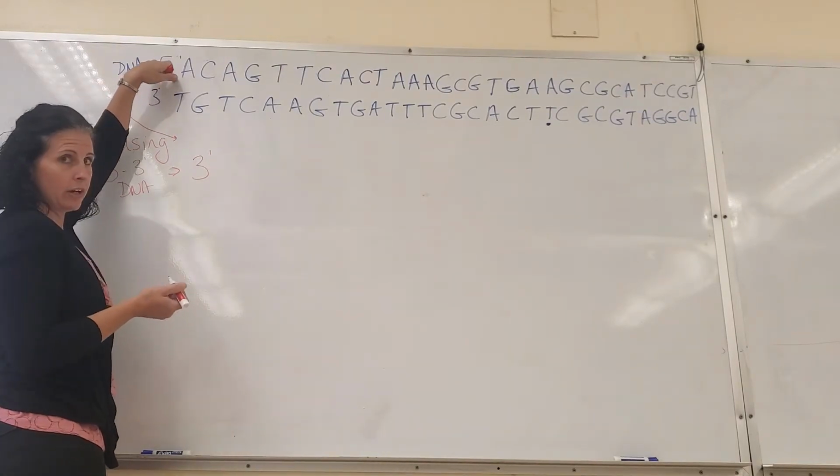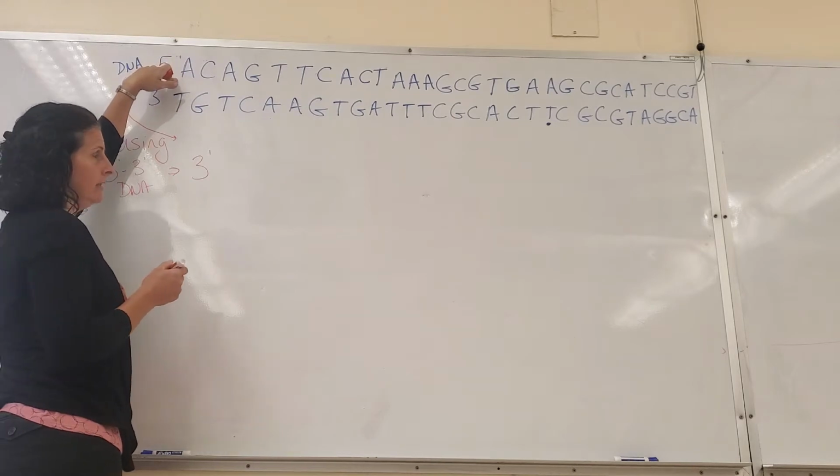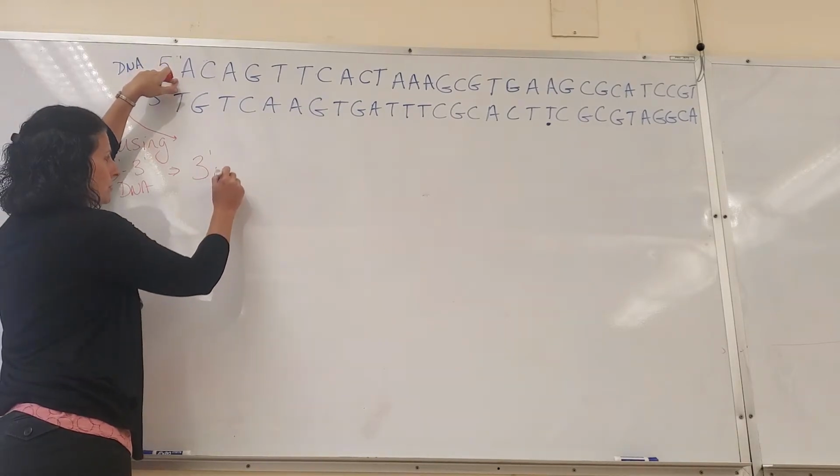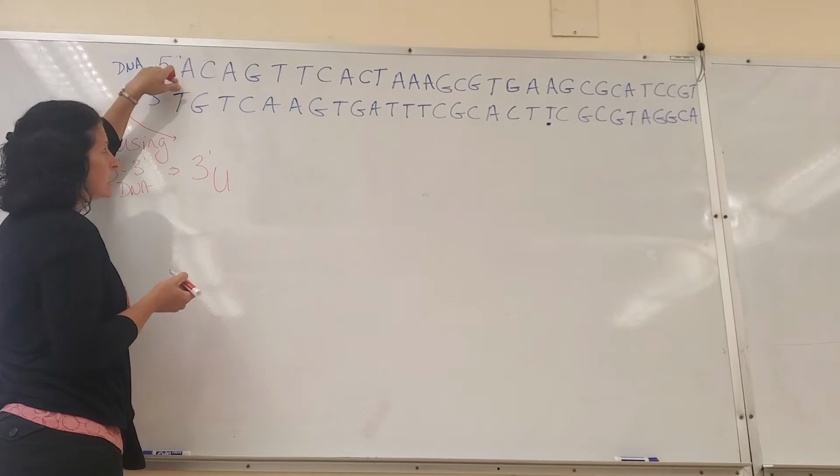If there's an A on the DNA, that would pair to U on RNA because we don't have any T's.